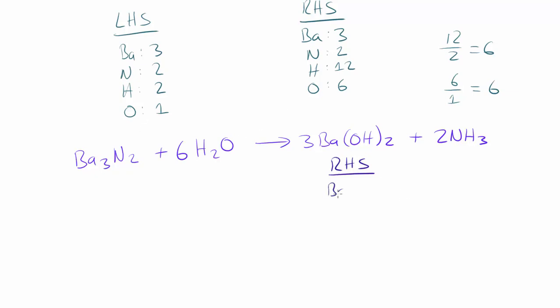So we're going to have simply 3, 2, 12, 6. But we did change something here, right? We put this 6 in front of the H2O, so let's work our way through what we get because of that shift.